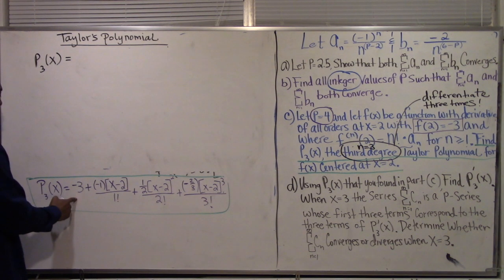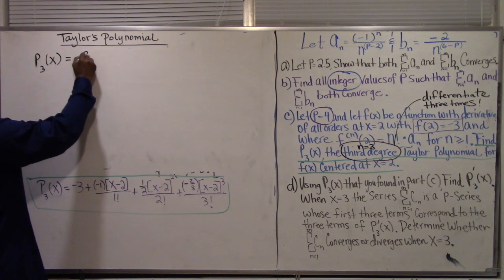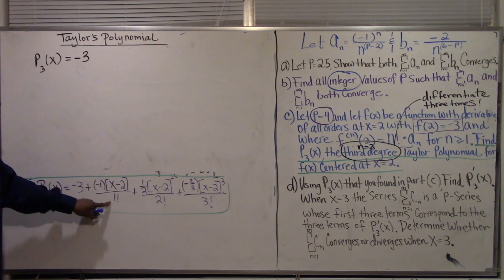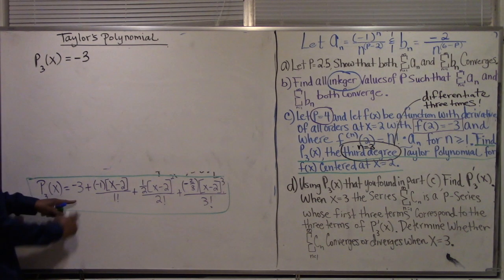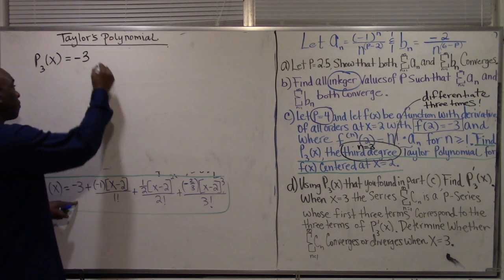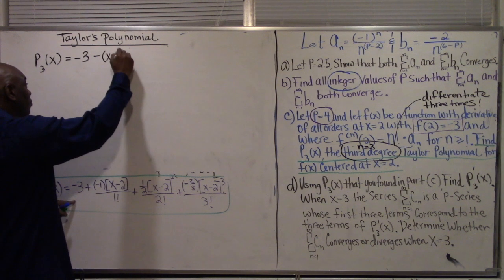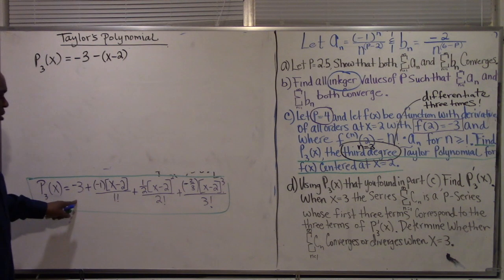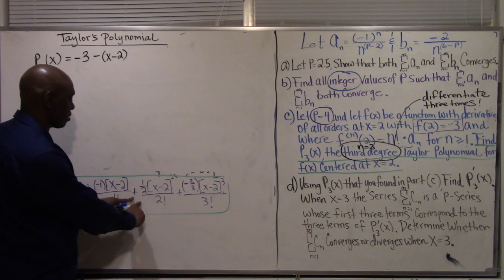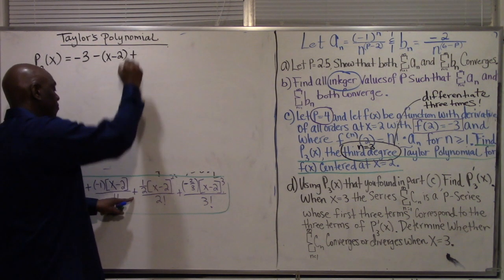So I'm going to have negative 3. I know 1 factorial is 1. I know a positive times a negative is a negative. Minus x minus 2. Alright, so far so good. Right here, plus, I know it's going to be positive.